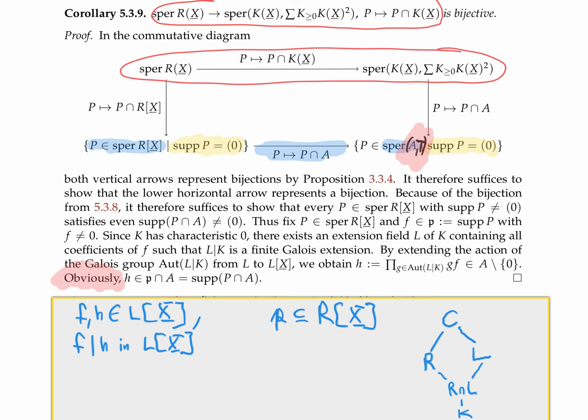So F and H are both polynomials in R intersected L adjoin X. Now I claim that F divides H even over this field.